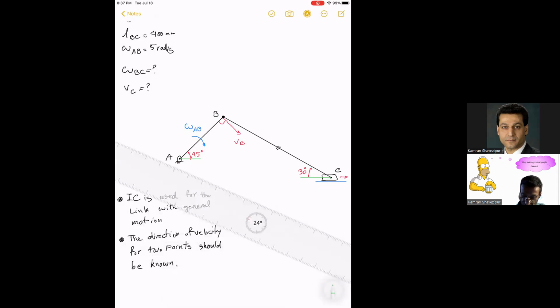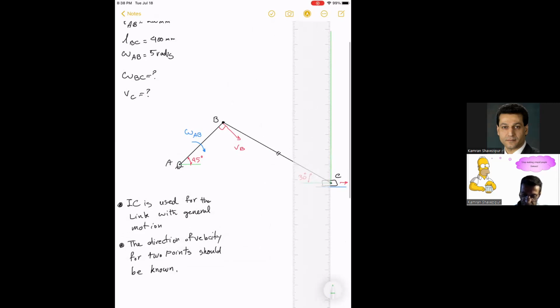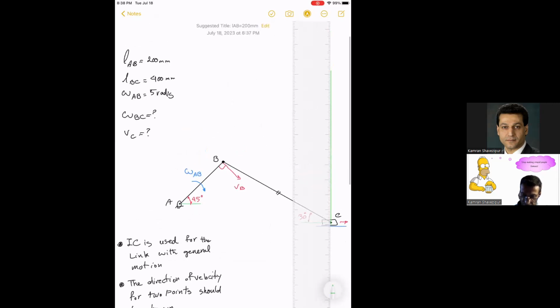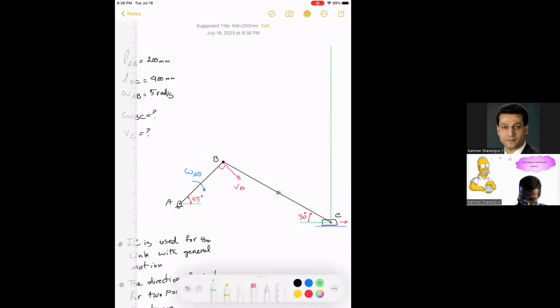So I'm going to draw a line perpendicular to velocity of C from point C. This is one line, right? And then I think I may have to move this down a little bit. So let's just do that.